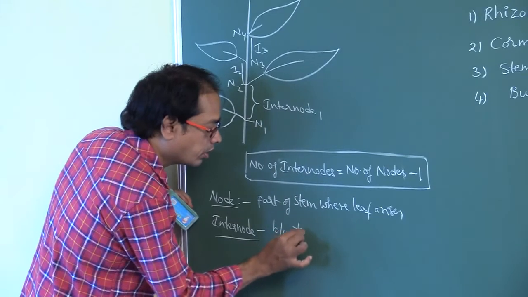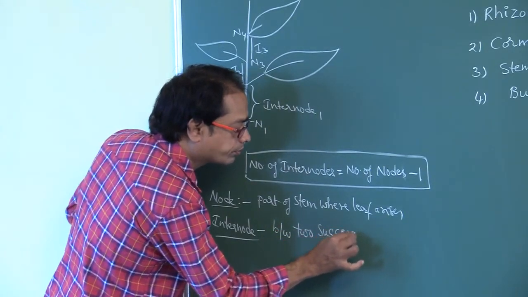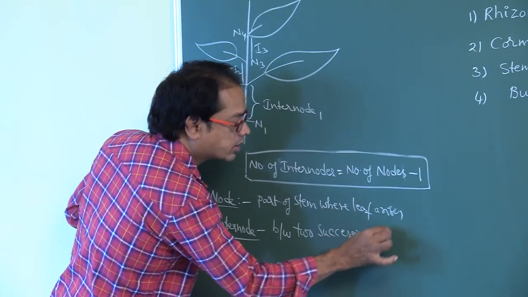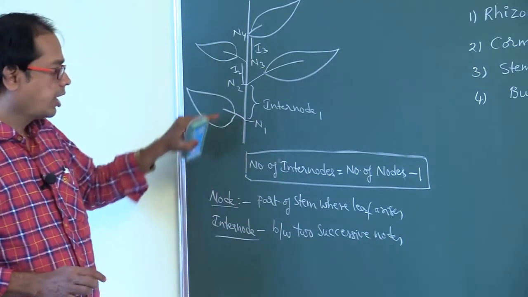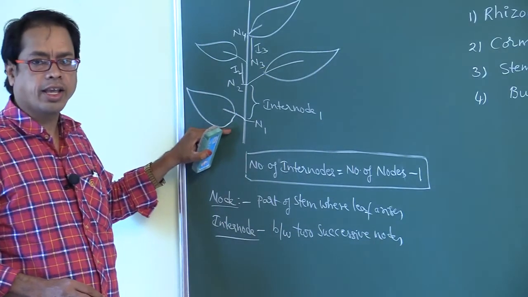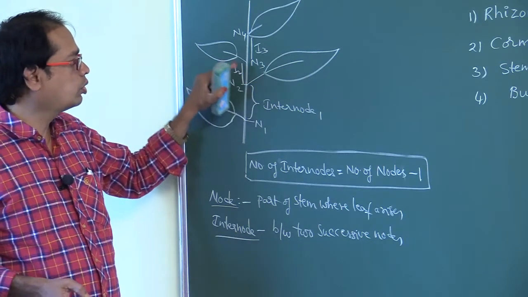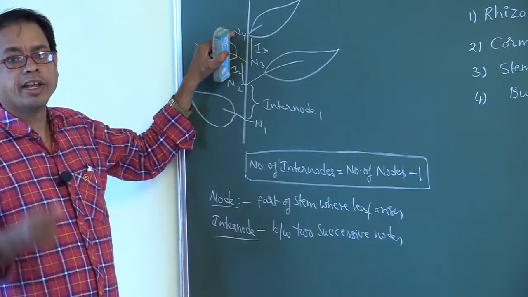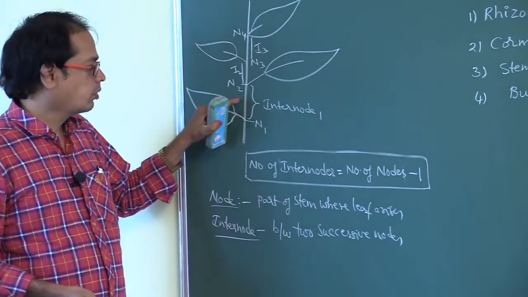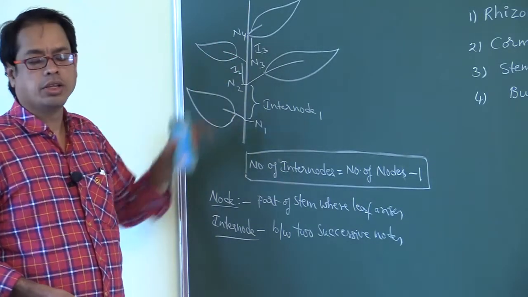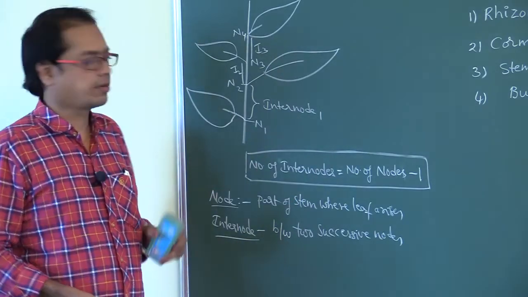The region between two successive nodes is called an internode. According to this diagram, number of nodes is 4 and number of internodes is 3. So number of internodes is equal to number of nodes minus 1.